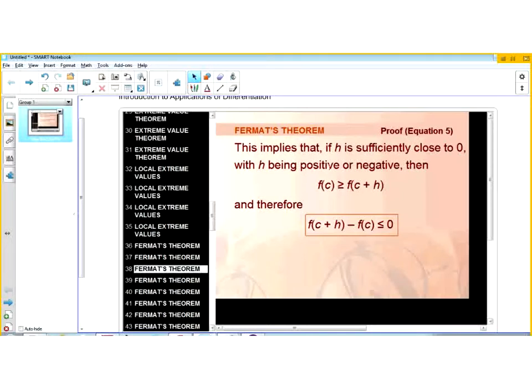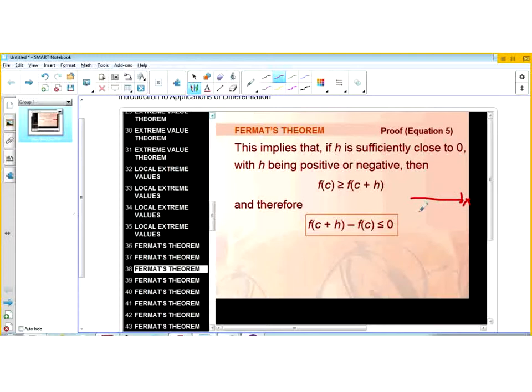If h is close to 0, with h being positive or negative, then the output at c is always going to be greater than or equal to the output at c plus or minus some delta. Remember, c plus h, c minus h defines a neighborhood about c on the x-axis.